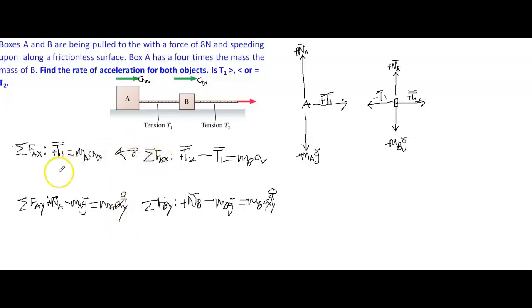So what we're going to do is try to merge these two equations together. Okay? Can you see that the tension T1 is equal to mass sub A times the acceleration in the x direction, and also that mass sub A is equal to 4 times mass sub B. That's stated right here in the problem.